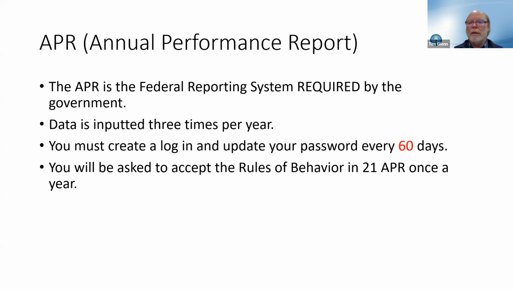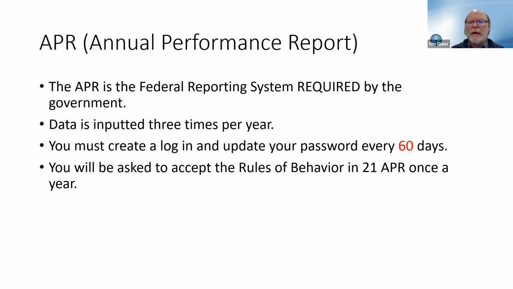When you log in, 21 APR has a strict 60-day password. So you'll be asked every 60 days to change your password. And that's a fairly easy task. You'll get a message when you sign in that it's been 60 days and that you need to get a new password.